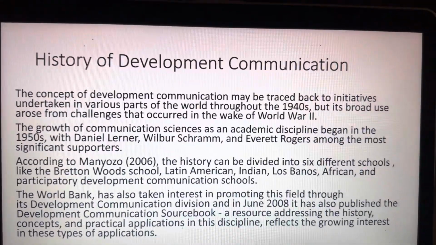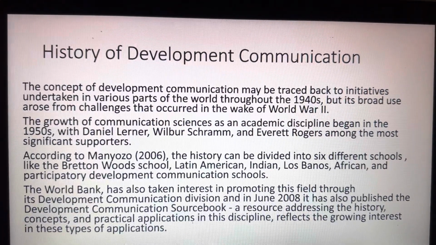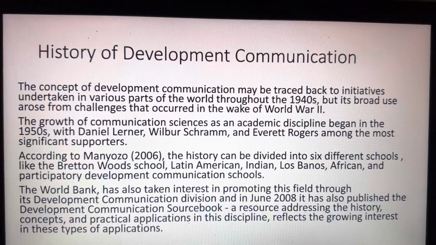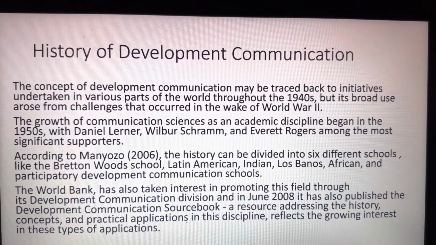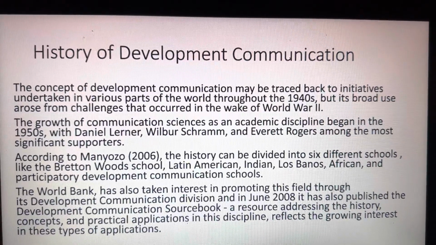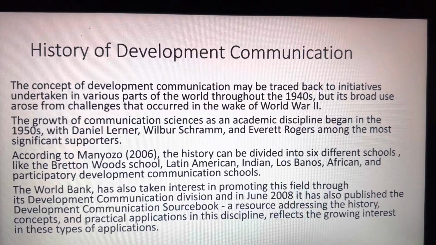History of development communication. The concept of development communication may be traced back to initiatives undertaken in various parts of the world throughout the 1940s, but its broad use arose from challenges that occurred in the wake of World War II.